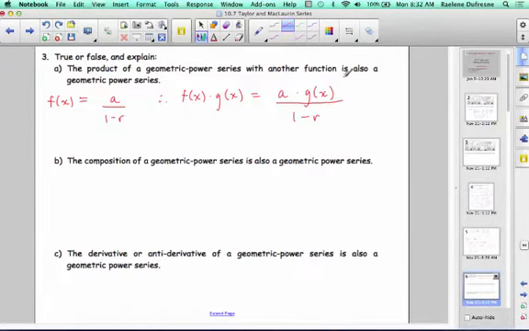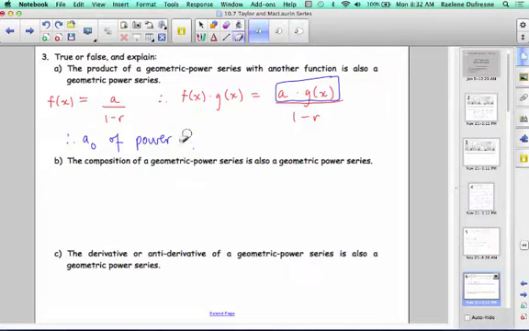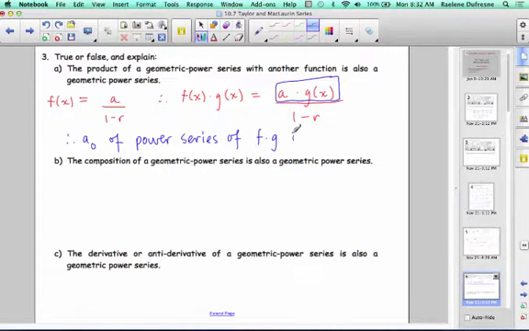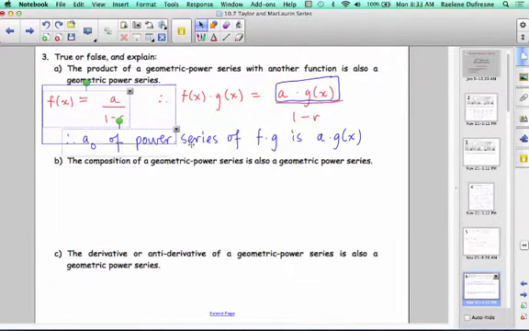And so what we're having is a new a, or start term, and the power series for f of x is a times g of x. But we notice that the common ratio of r hasn't changed.